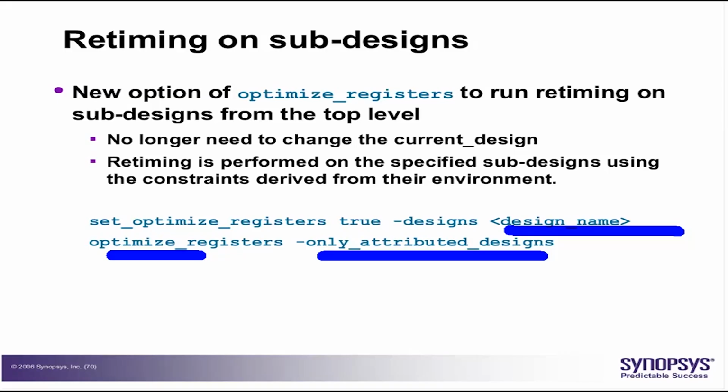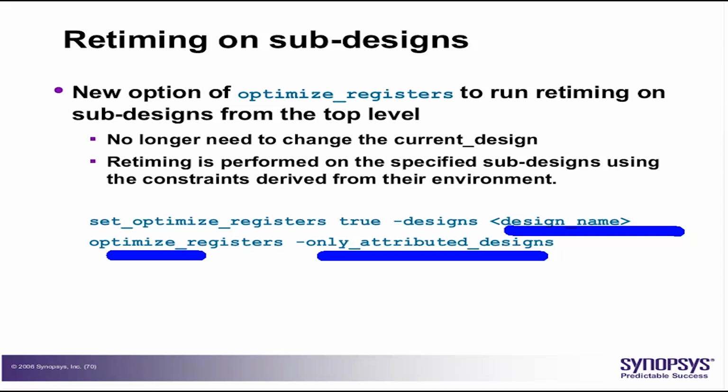DC uses them internally, and as a user we can also use them. For example, I want to find the list of all the library cells that are dont_use. So I can write a for loop in Tcl which will go through all the library cells and get the attribute of the library cells.